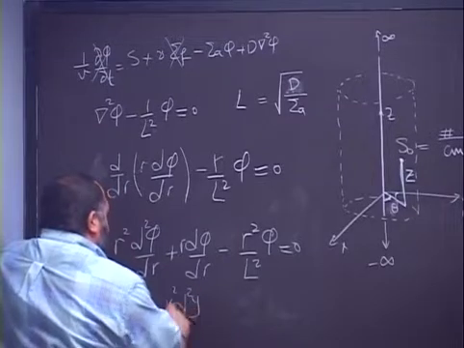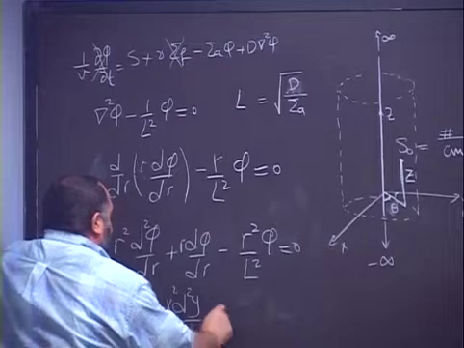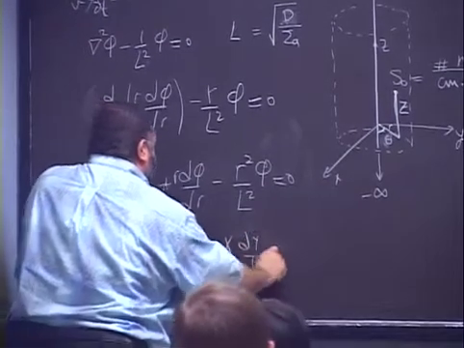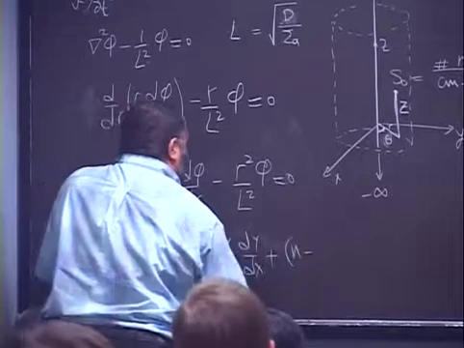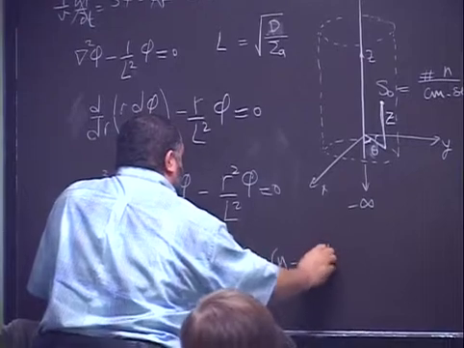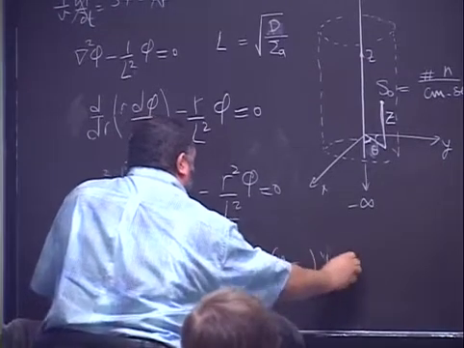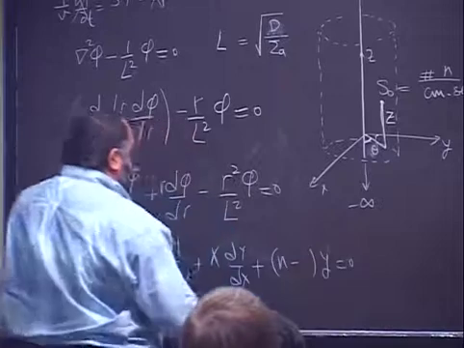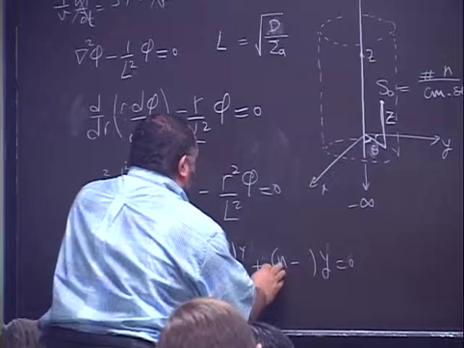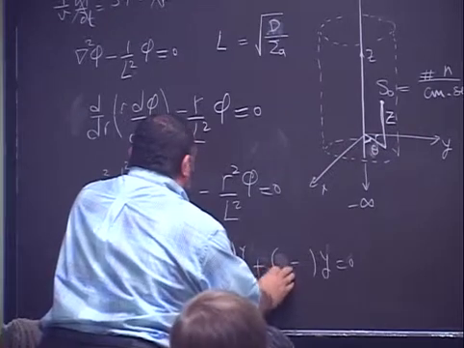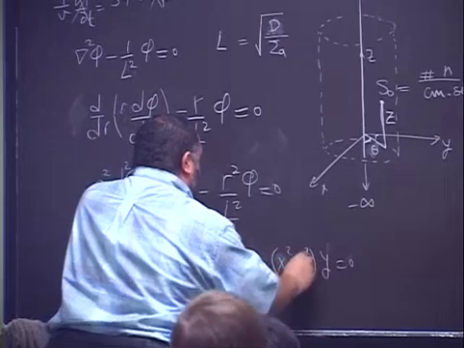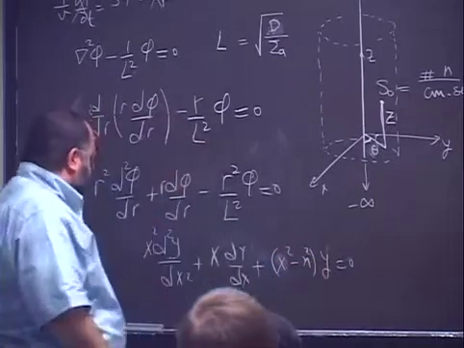So this is in the form of x squared d2y by dx squared plus x dy by dx plus (x squared minus n squared) multiplied by y equal to 0.